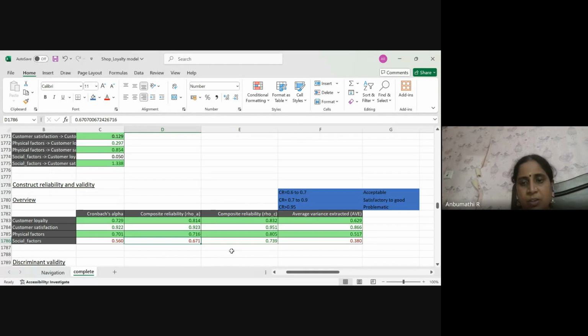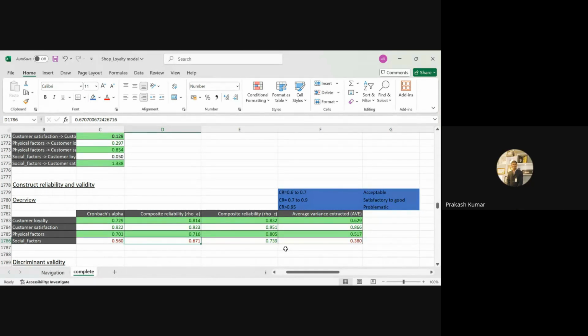Madam, what is the difference between this composite reliability row A versus plain composite reliability, row C? That is row C. There is a difference. It is affected by the number of items, so they wanted to find a middle ground. That's why it is a newer addition to SmartPLS. Earlier, we had only one composite reliability, before 2-3 years.